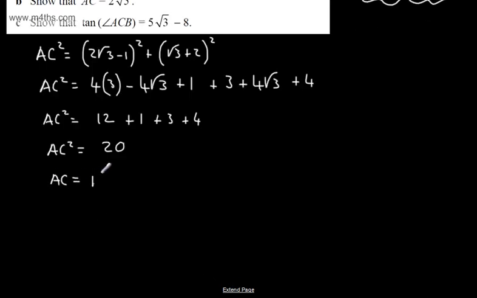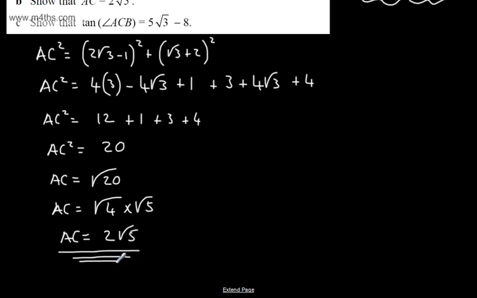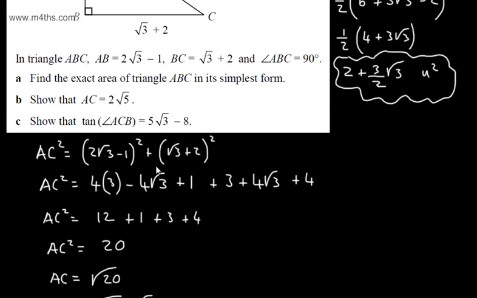AC is going to be the root of 20, and simplifying this, the root of 4 multiplied by the root of 5. So AC will be equal to 2 root 5 as required. So all I've done is use Pythagoras and used my surds rules.